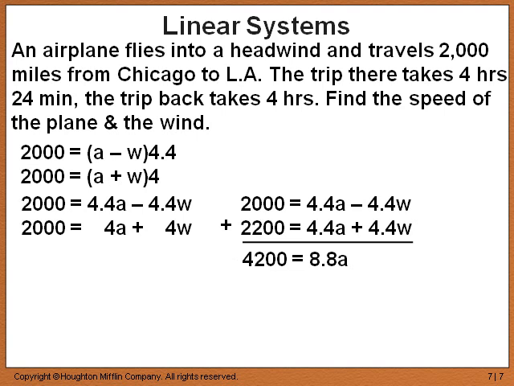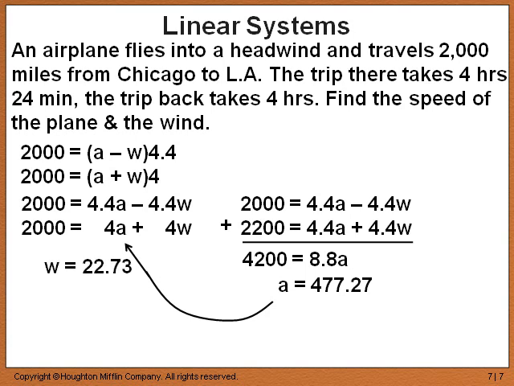I add the equations together and I get 4200 equals 8.8a. A equals 477.27. Then I back substitute, put that a in either one of those equations. 2000 equals 4a plus 4w is a little simpler, that's why I used it.